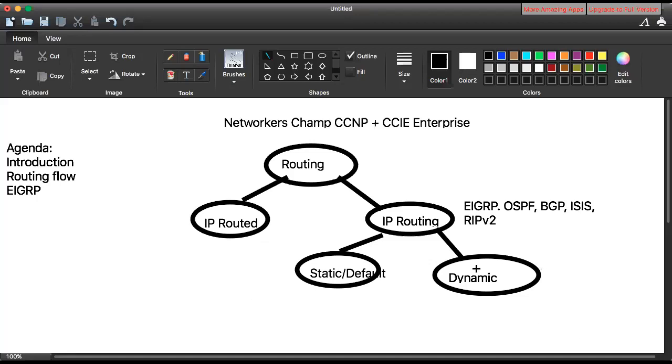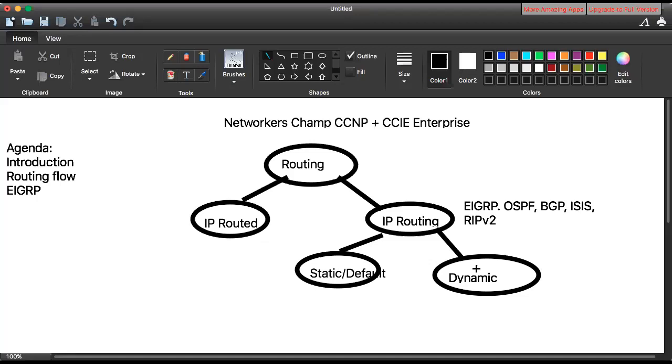And then we have dynamic. Here you have to enable and configure the protocols in the router. The router would learn all the prefixes. Just remember, the router knows all directly connected networks because you configure those IP addresses and networks on the interfaces.